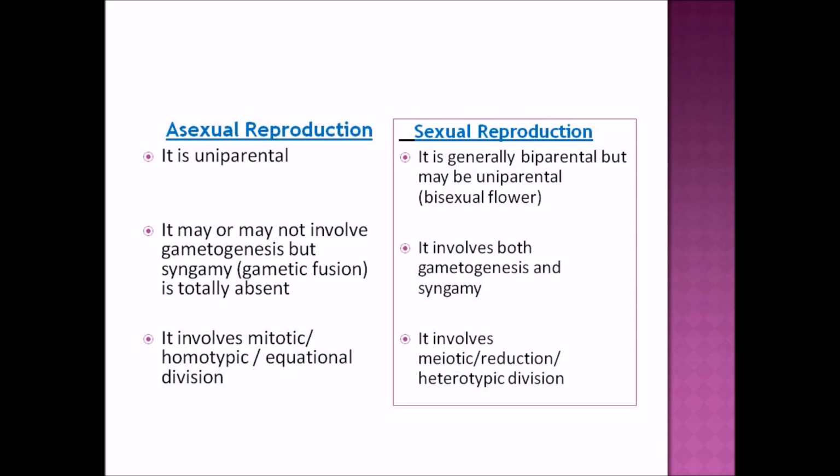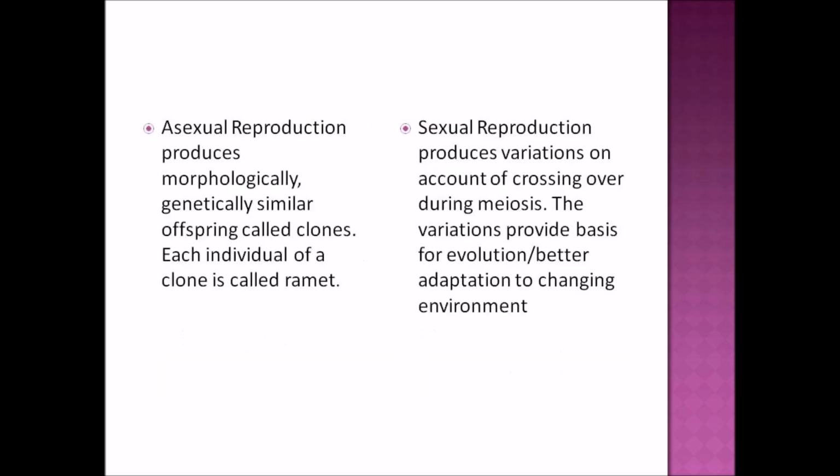Asexual reproduction generally involves mitotic or homotypic or equational division, whereas sexual reproduction involves meiotic or reduction or heterotypic division. Asexual reproduction produces morphologically, genetically similar offsprings called clones.